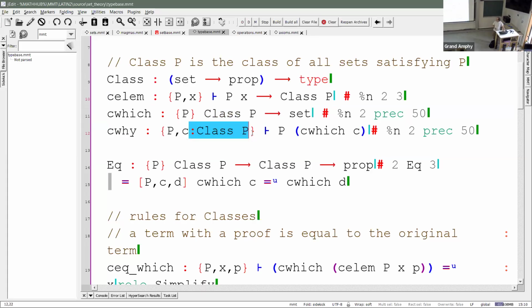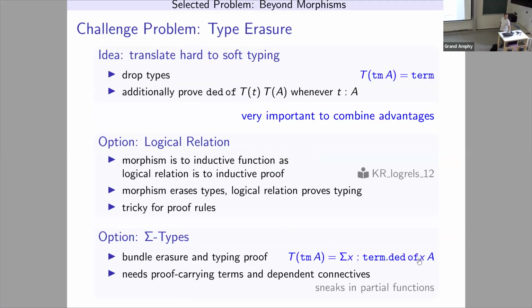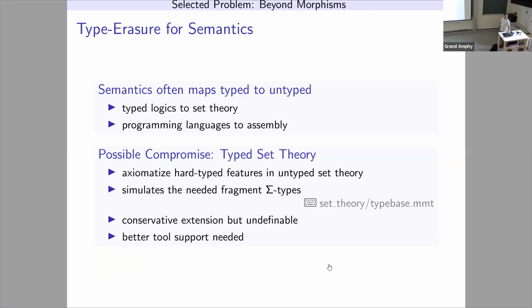And if we have an element of P, we can get the proof that the underlying set actually satisfies the predicate. There's an axiomatization of sigma types. An axiomatization of precisely these sigma types here, which we can then use as a target for representing hard type languages in set theory.